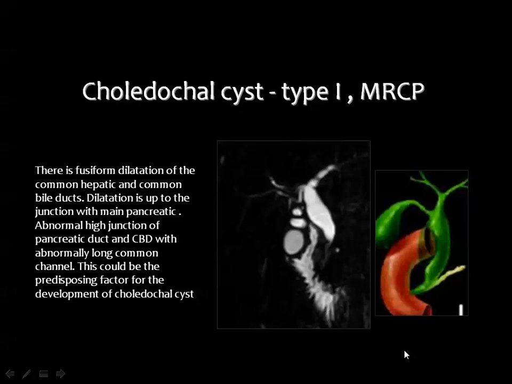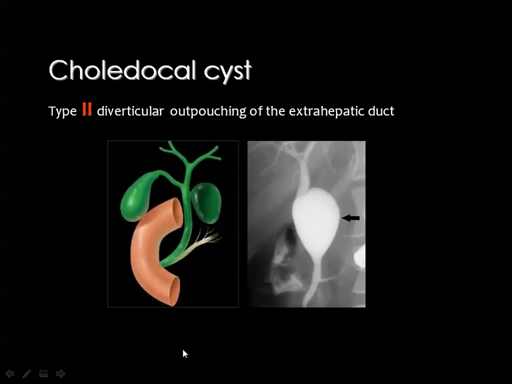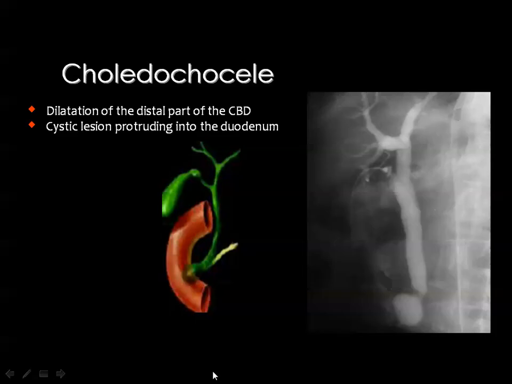This is type 1 choledochal cyst, where the common bile duct is fusiform and diffusely dilated. This is type 1 by diagram and by MRCP. Type 2 is a diverticular outpouching from the common bile duct. The common bile duct is of normal caliber, and this is a diverticulum coming from the middle part of the common bile duct.